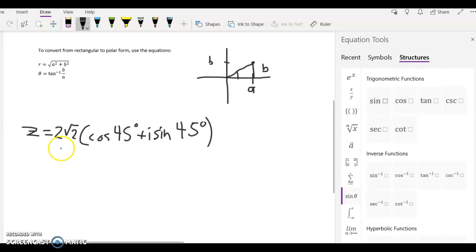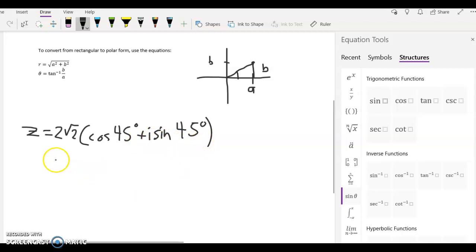Now just a second ago, we got our answer as 2 root 2 times cosine of 45 degrees plus i sine 45 degrees. And you might be saying to yourself, well, that doesn't look as simple as possible. It doesn't look simplified. That was our final answer because that was that complex format that we talked about. We want the r cosine theta plus i sine theta. But let's see what happens if we simplify it.